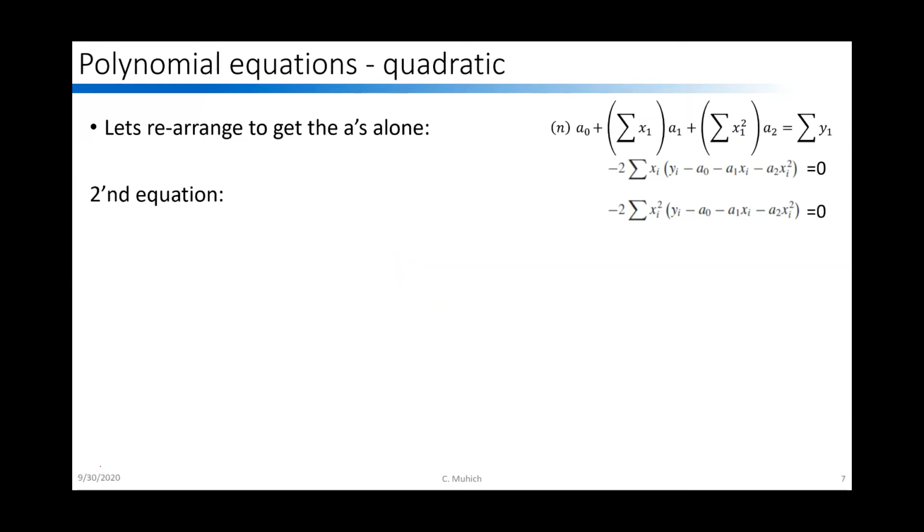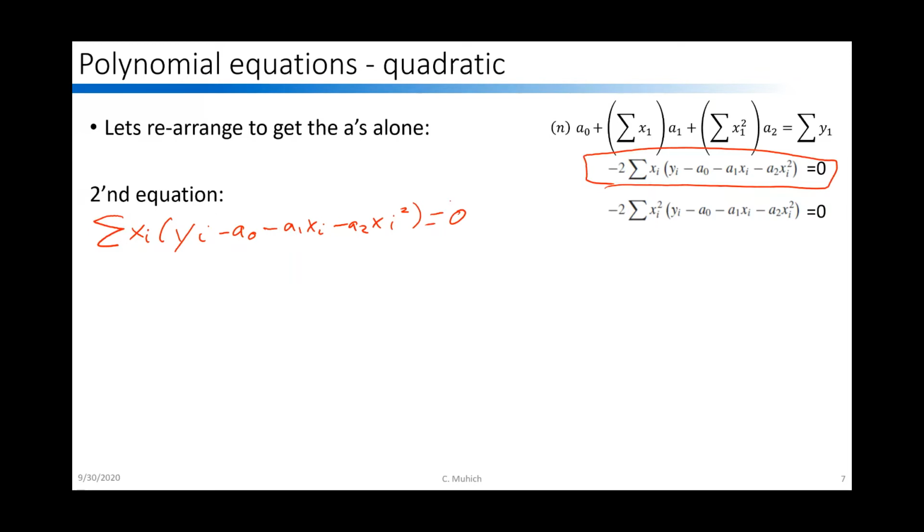So we're going to redo this again with the second equation. I'm just going to pull down this equation. Once again, I can start out by dividing by that 2. So we're left with the sum of xi times yi minus A0 minus A1 xi minus A2 xi squared, and all of this is going to be equal to 0. I'm going to do the exact same thing that I did before. I'm going to distribute the xi's through here and then separate each individual term into its own summation.